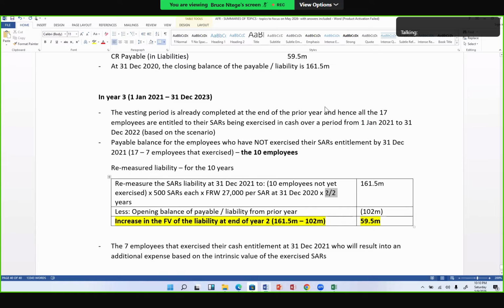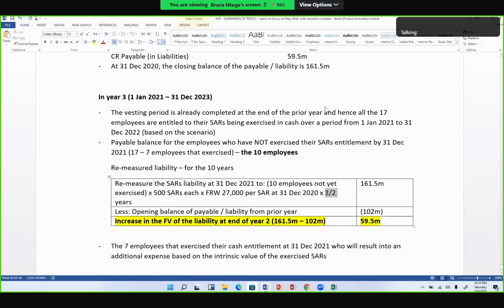So I'll come in here and say that 10 employees, on my calculator, times 500 share appreciation rights each, then times the fair value, which is 27,000. So that is 135 million.